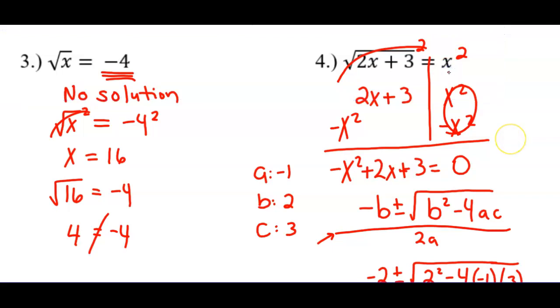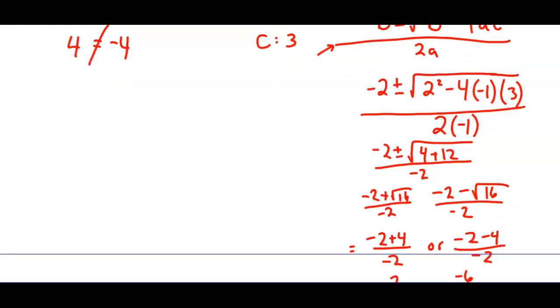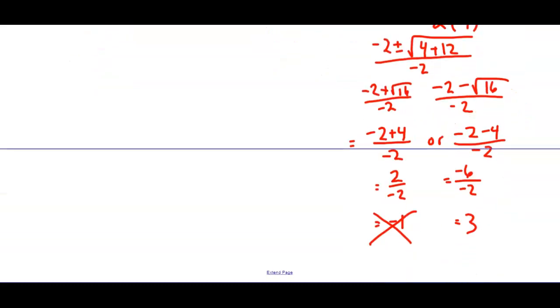We cannot have the square root of 2x plus 3 equal to -1, because it would be no solution. So -1 doesn't work, but 3 would. And we would be able to check to make sure that that works.